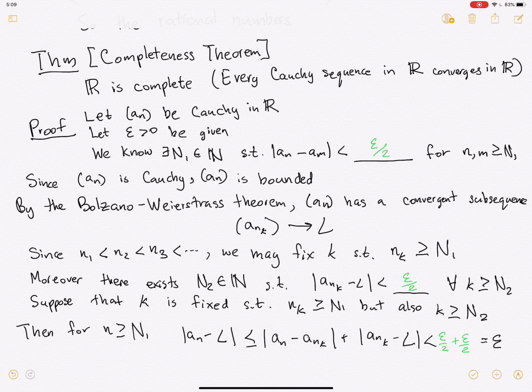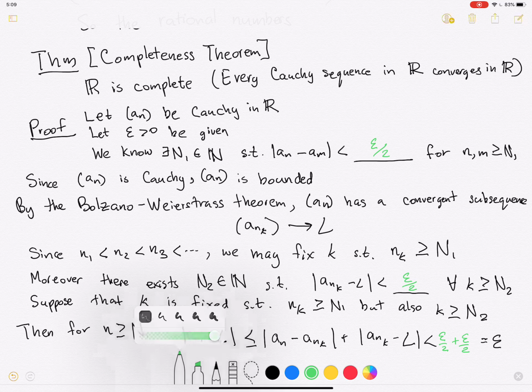And if it wasn't clear where these came from, this is less than epsilon over 2 because of it being Cauchy. So a_n minus a_m is less than epsilon over 2.